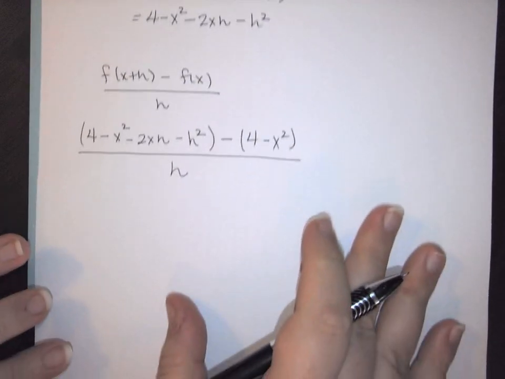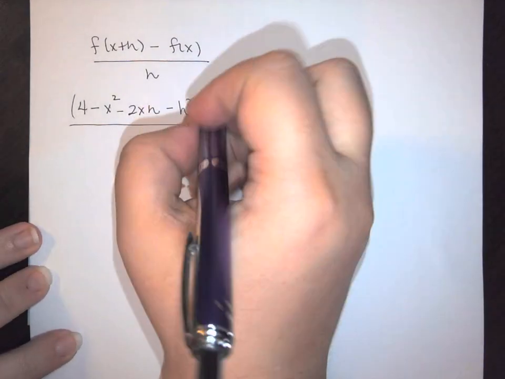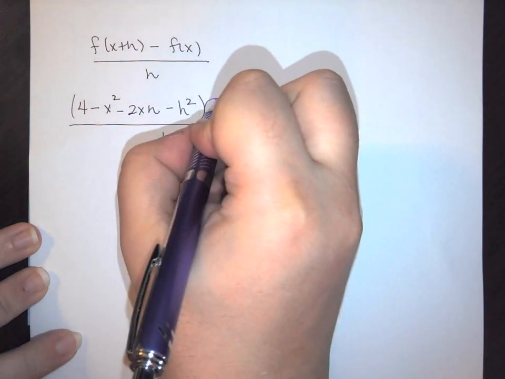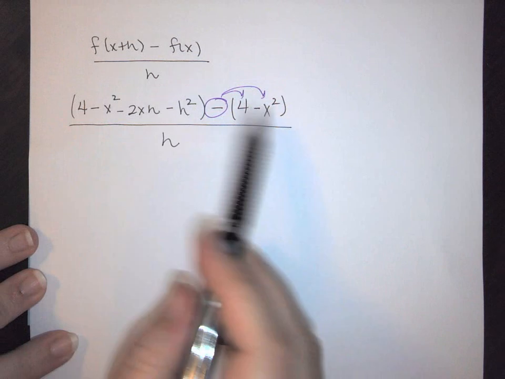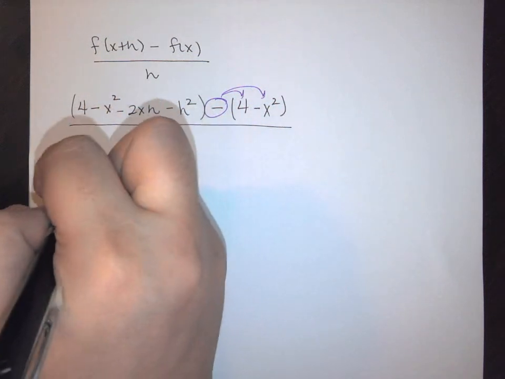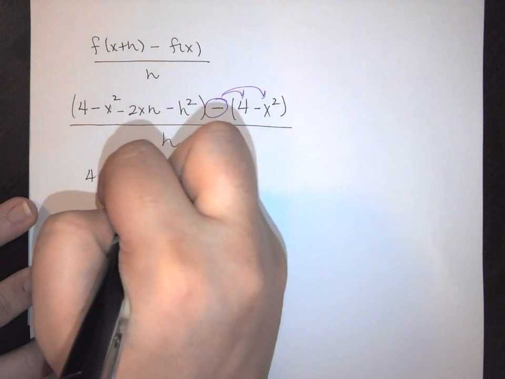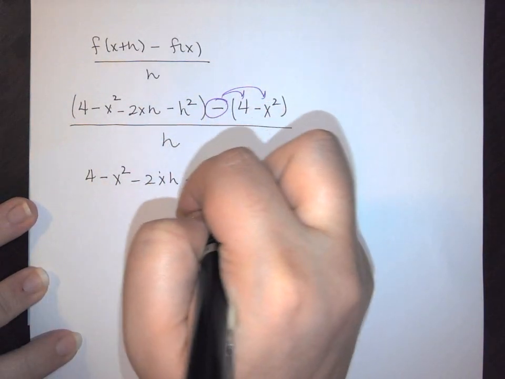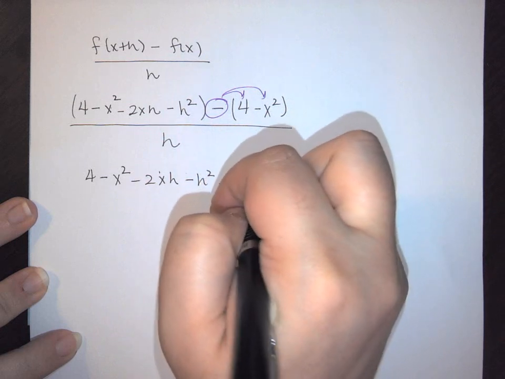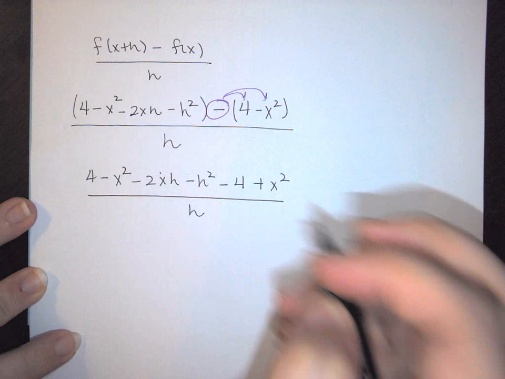So once you plug everything in, all you have to do is simplify. The first thing you would want to do is take this and distribute it through your back parentheses, thus being able to drop both sets of parentheses here. So we have 4 minus x squared minus 2xh minus h squared minus 4 plus x squared. The whole thing is over h.